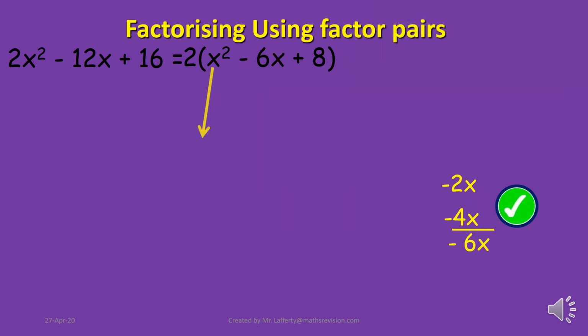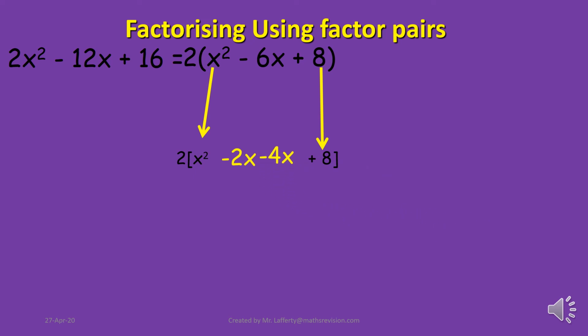So now we move on. We bring down the first term in the brackets and the second and third terms, bringing in the pair of factors identified, and then we factorize, not forgetting the 2 there, which is a common factor.